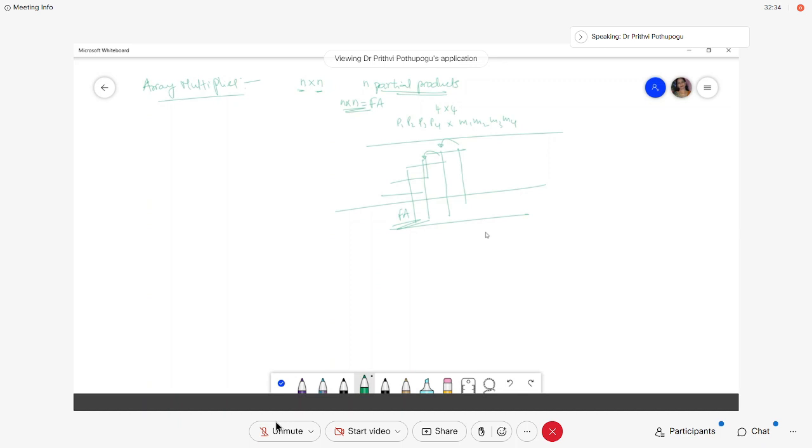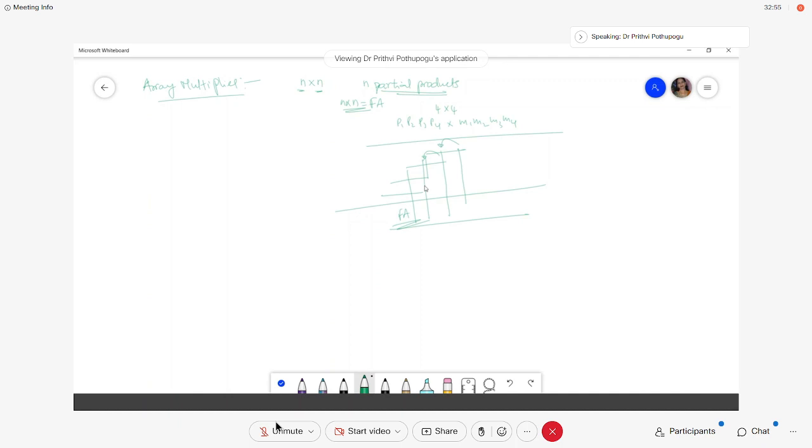So for this, the number of iterations becomes a product of the number of bits you are taking. So we can say this is a spatial operation we are performing.